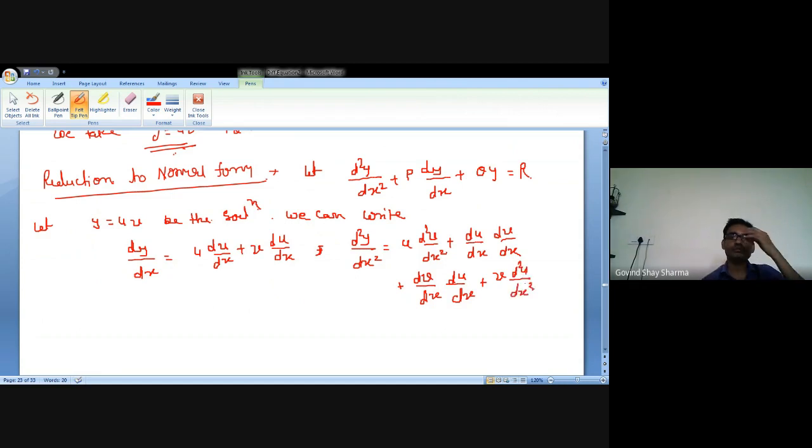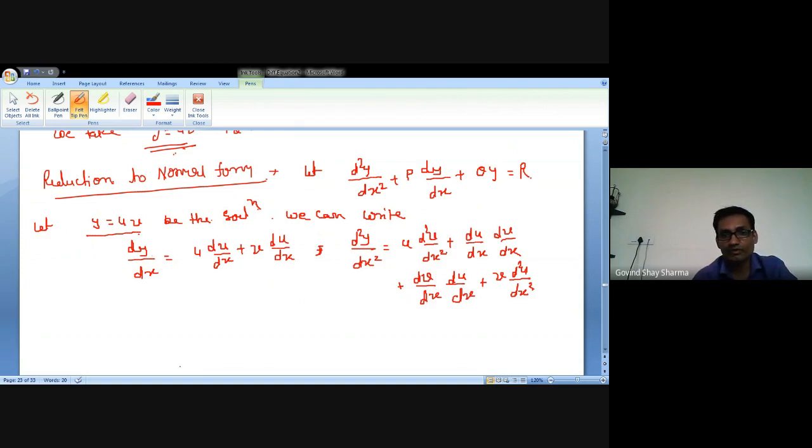Here we take the solution y is equal to uv. Then dy upon dx becomes u dv upon dx plus v du upon dx. Similarly, d2y dx2 becomes u d2v upon dx2 plus du dx dv dx plus dv dx du dx plus v d2u dx2.